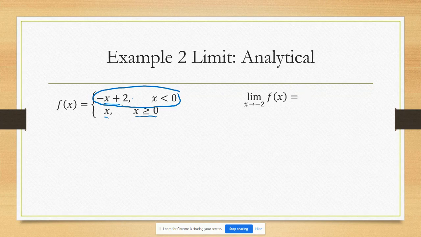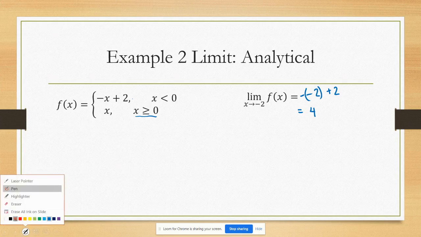So the point on that line, if x is close to -2, would be -(-2) plus 2, so +2 plus 2 is 4. There's no problem with just plugging in our number there, but we have to know which piece of the piecewise function we would be using.